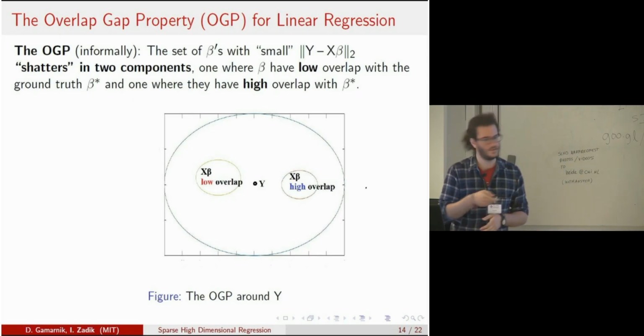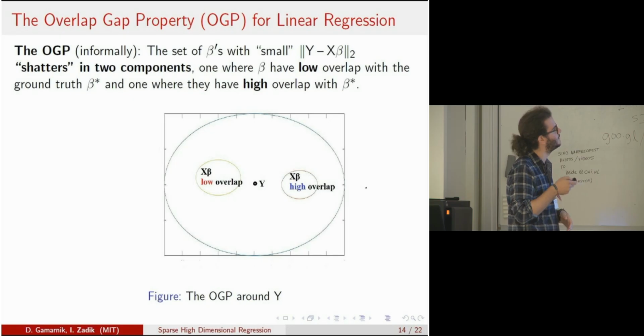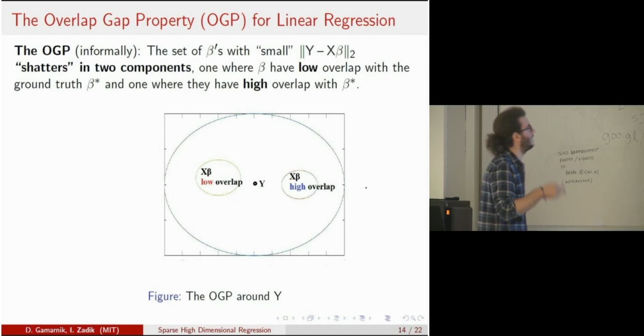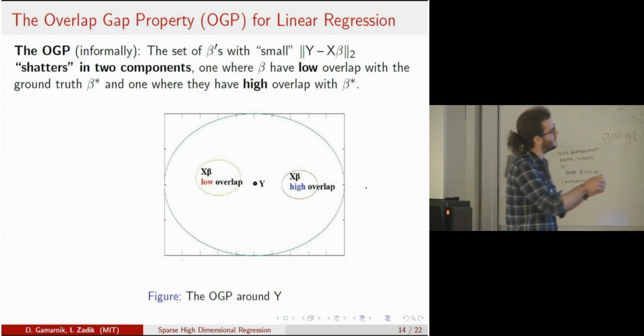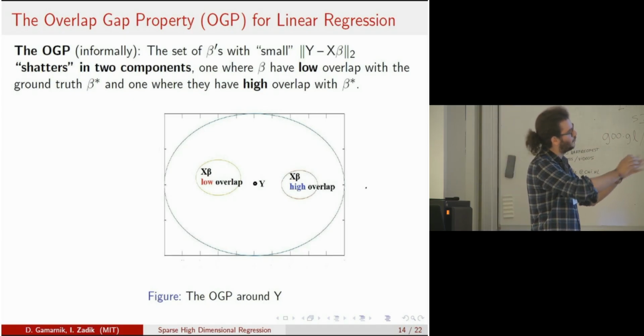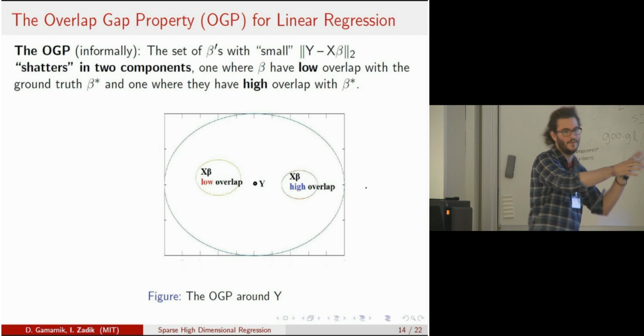So what is this change? The overlap gap property in linear regression corresponds to the following: if you choose a specific, correctly adjusted radius around y, and you look at all the x betas that fall inside, then the overlap gap property happens if these x betas shatter, essentially splitting into 2 components that are disconnected in some metric very clearly.